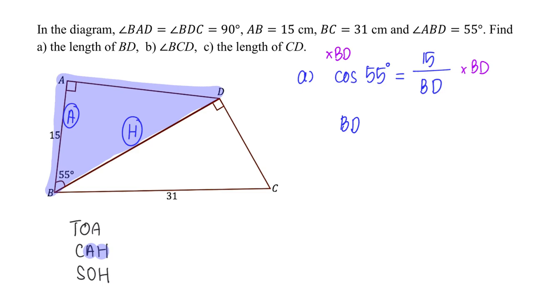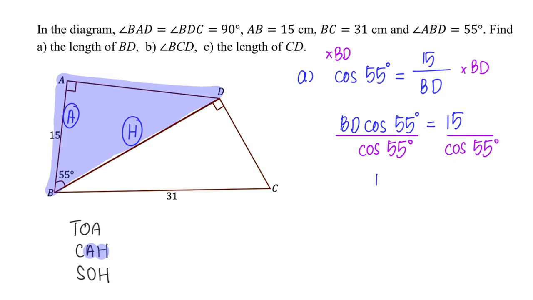BD cosine 55 degrees is equal to 15. Then I divide by cosine 55 degrees on both sides. Okay? And that will give me the length of BD, which is equal to 26.1517.